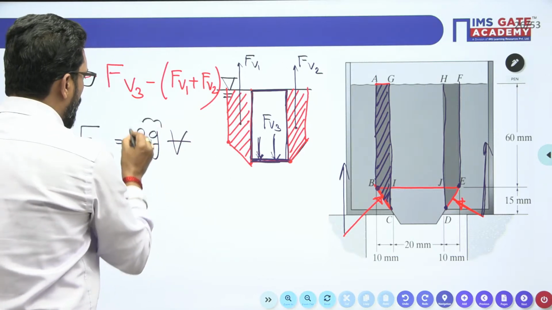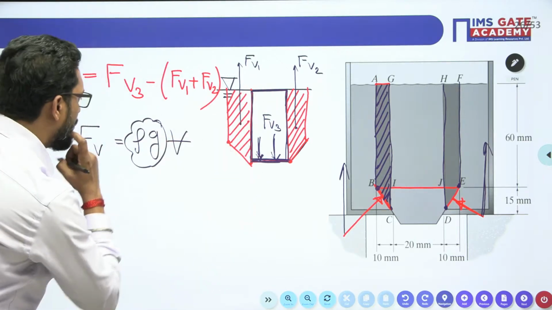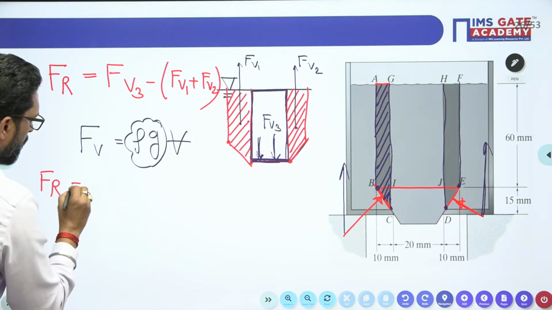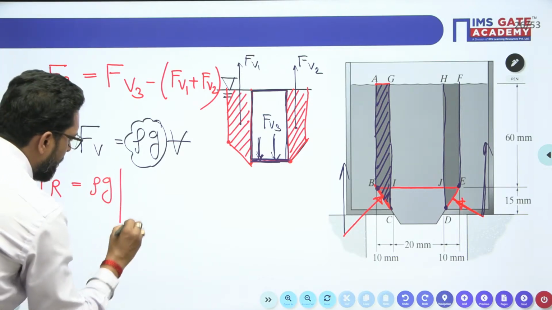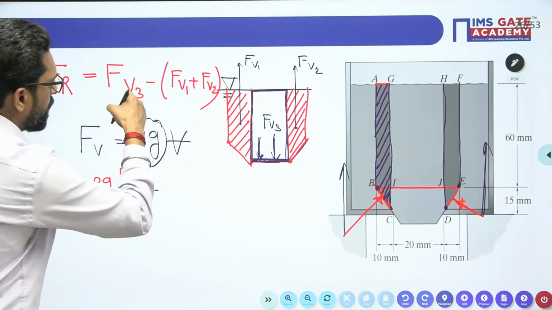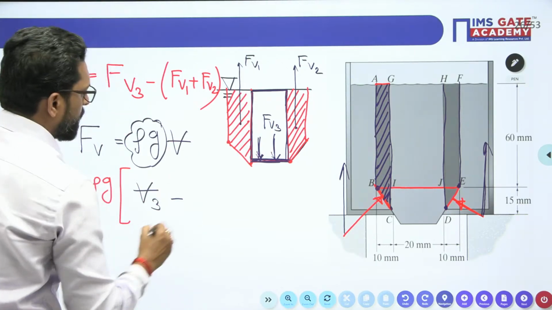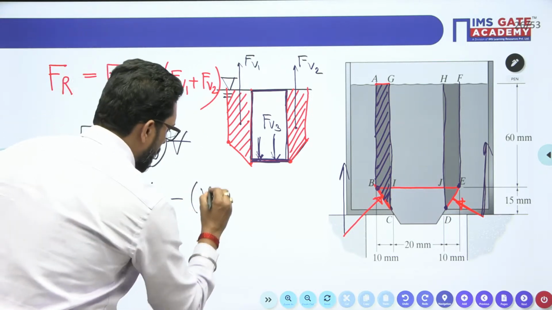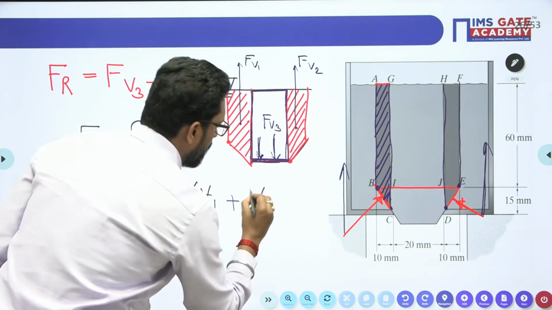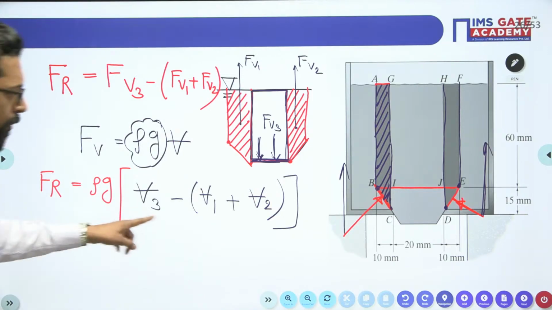Rho g is the same for all the portions. So the resultant is rho g into volume of 3 minus volume of 1 plus volume of 2. Yes or not?